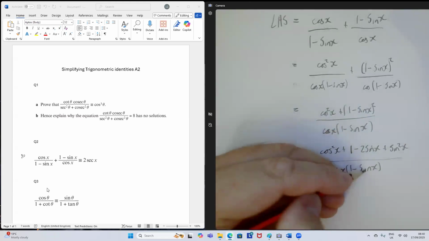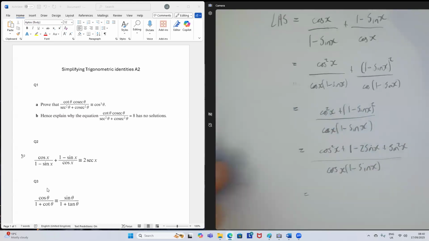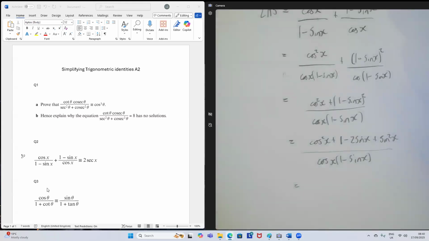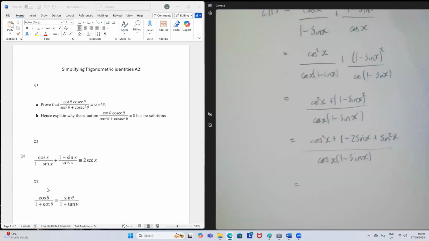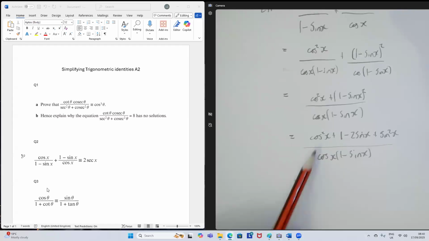Very often it's more useful to leave the denominator not expanded, to leave it factorized so that we can cancel stuff out. Okay, how does that help us? Actually, that is pretty useful because what we've got now is a cos² plus sine², which is going to be 1, and we've got an add a 1.